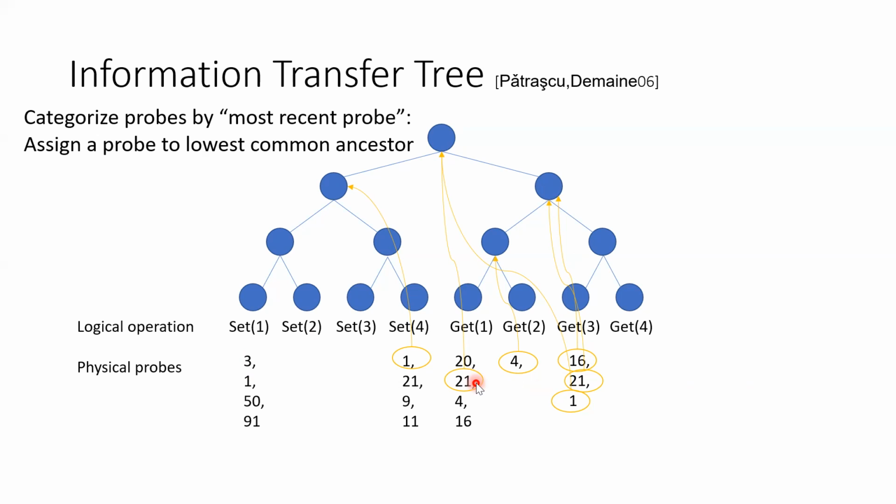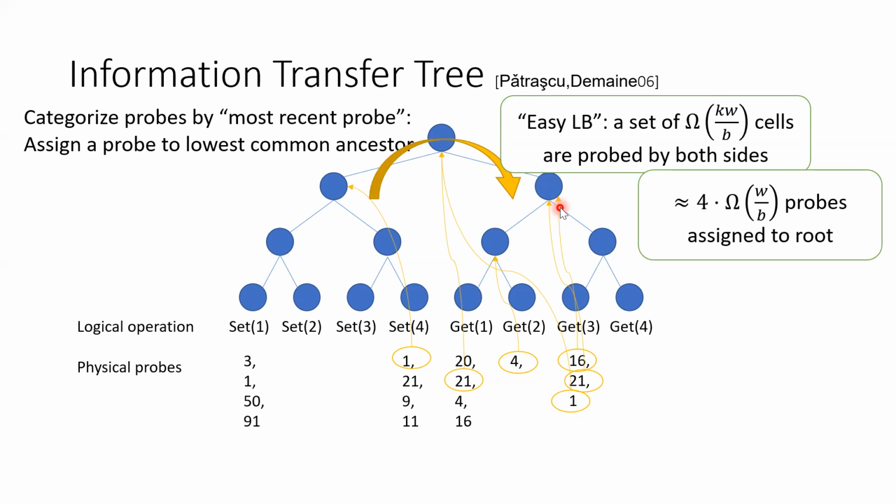We do this for all physical probes, and then the number of physical probes assigned to these internal nodes is already a lower bound for the total number of physical probes. Some probes are not assigned, and each assigned probe is assigned once to some internal node. So just summing up the assignments to internal nodes is a lower bound, but maybe it's not good enough, so we need to see.